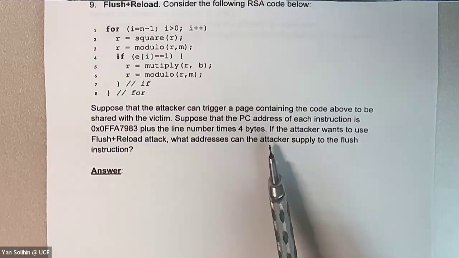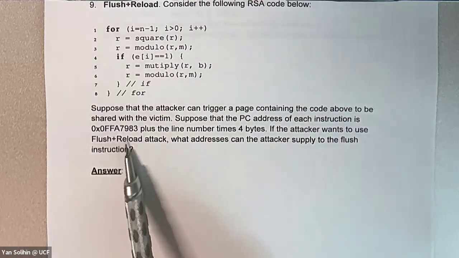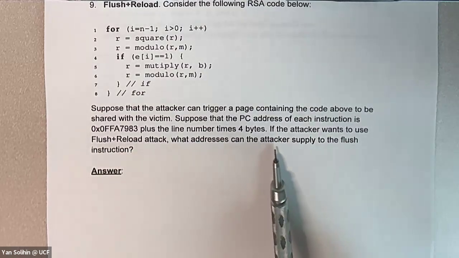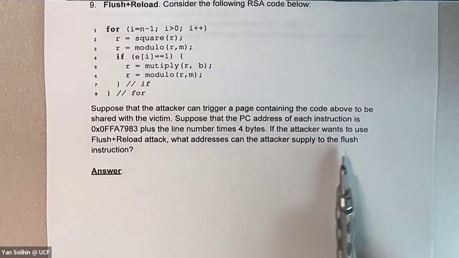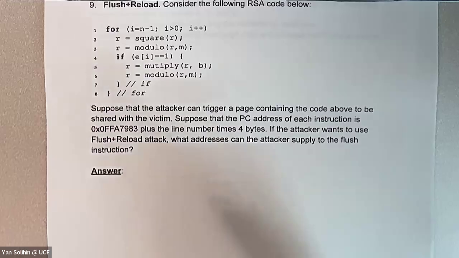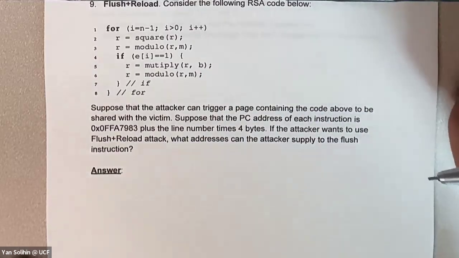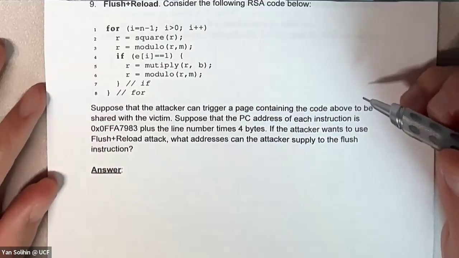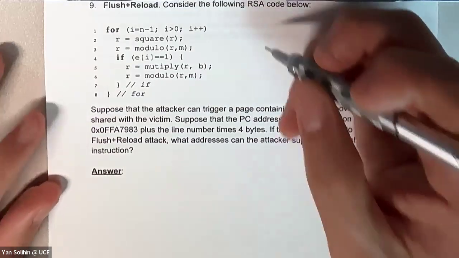If the attacker wants to use a flush and reload attack, what addresses can the attacker supply to the flush instruction? So basically, what should be flushed? Let's start with the instruction address.